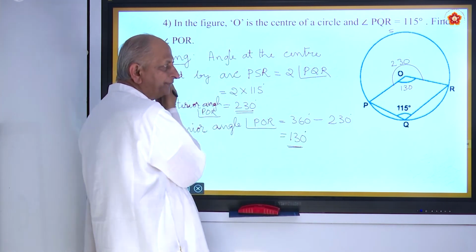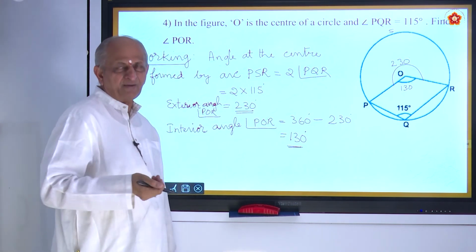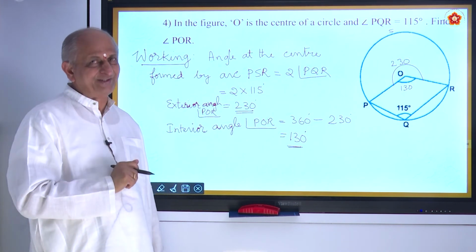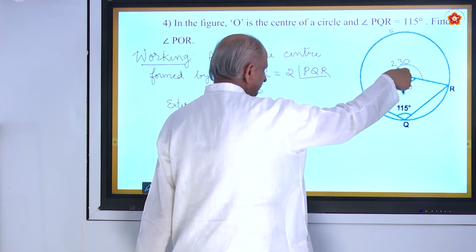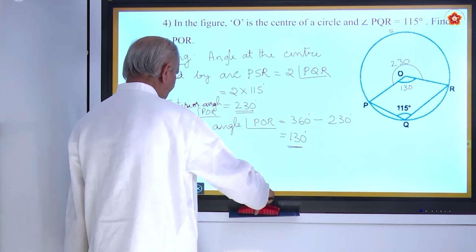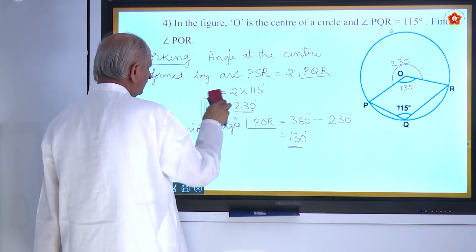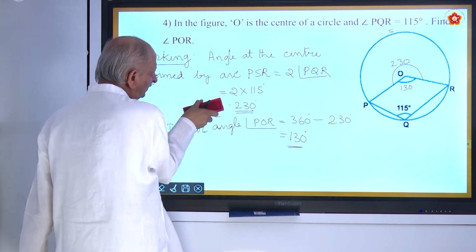That's all. Because the sum of all the angles at a point is 360 degrees. So if the full angle is 360, you subtract that and you get the interior angle, right?